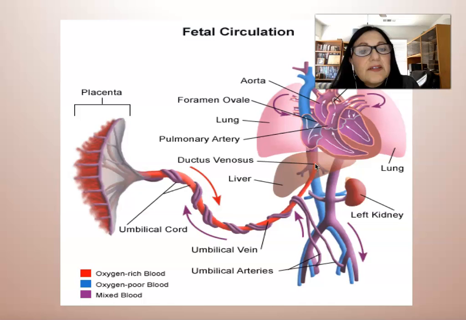The ductus venosus is a duct that opens into the inferior vena cava. The inferior vena cava is blue, deoxygenated. The blood will mix, and it's going to go to its first stop, which is the right atrium. Okay, so there's a mixing of blood, but there's plenty of oxygen there for the fetus.